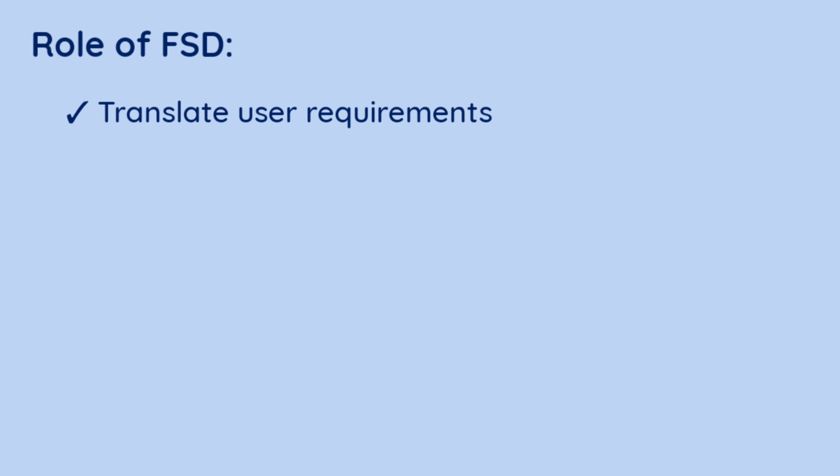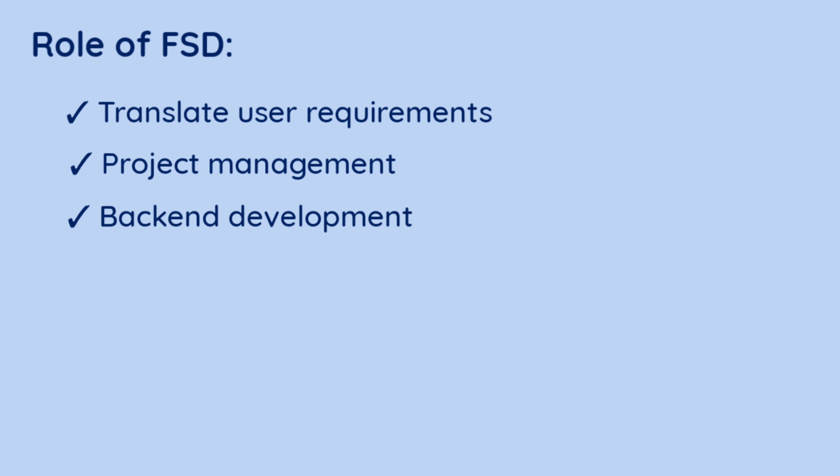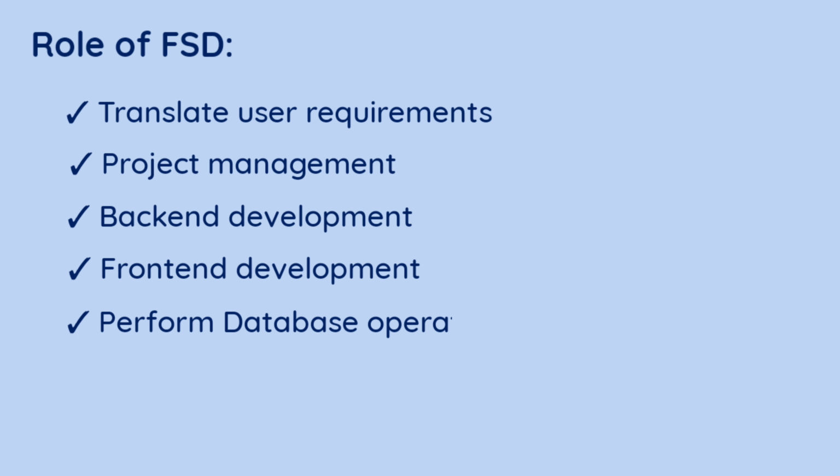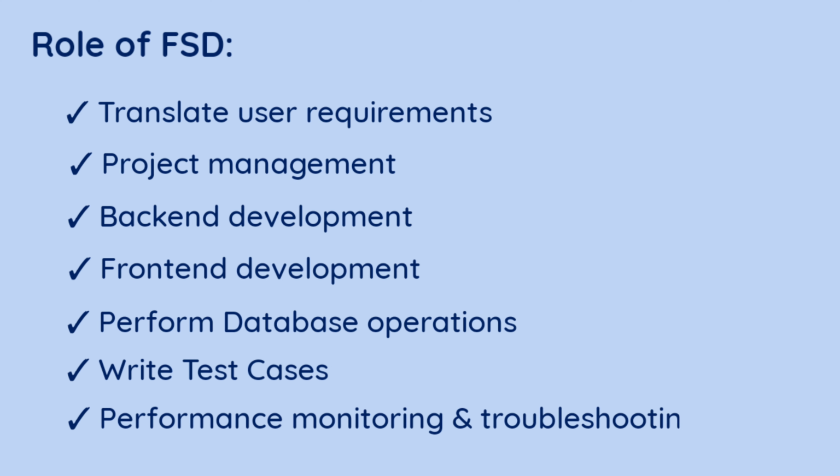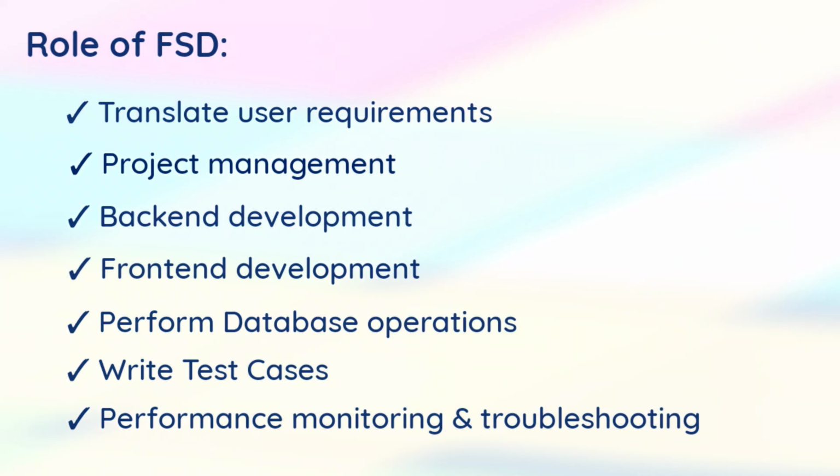Activities such as translating user requirements into overall architecture and implementation of new systems, managing projects and coordinating with the client, writing backend code in languages like Ruby, Python, Java, PHP, .NET, etc. Writing optimized front-end code in HTML and JavaScript, understanding, creating and debugging database related queries, creating tests to validate the application against client-side requirements, monitoring the performance of web applications and infrastructure, troubleshooting web applications with fast and accurate results.